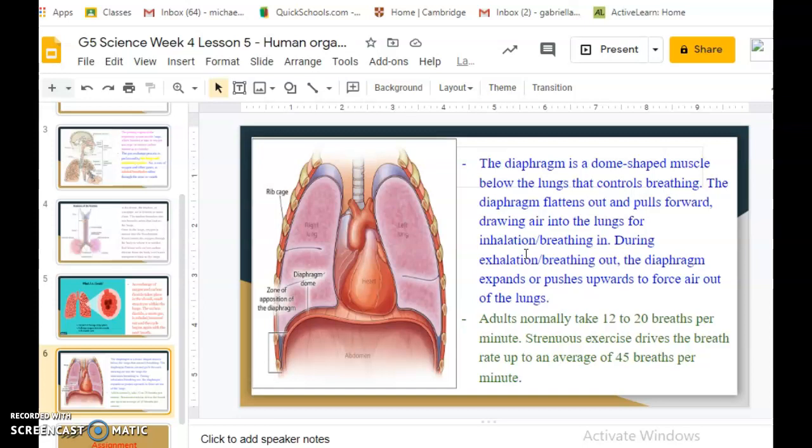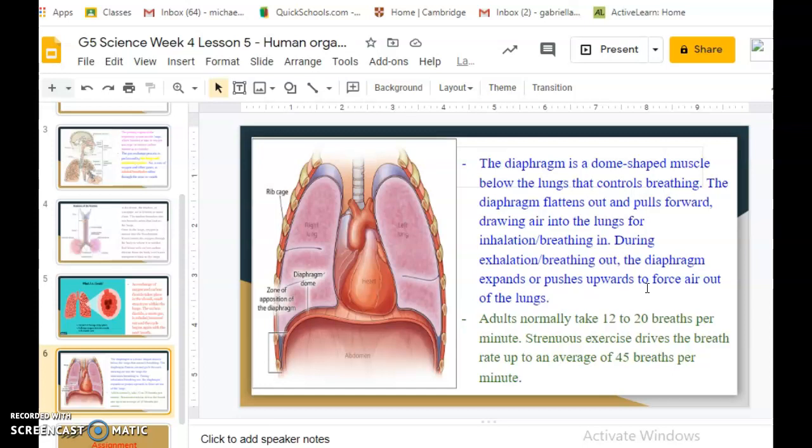During exhalation, that is during breathing out, the diaphragm pushes upwards to force air out of the lungs. That is how the diaphragm, a very thick, dome-shaped muscle, is able to control the breathing.